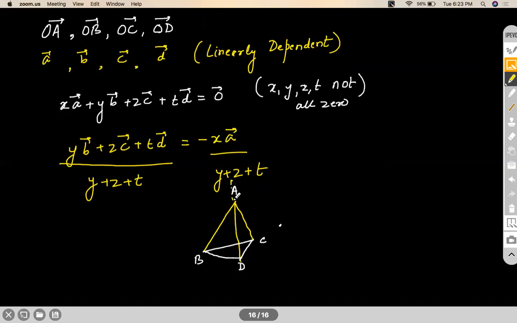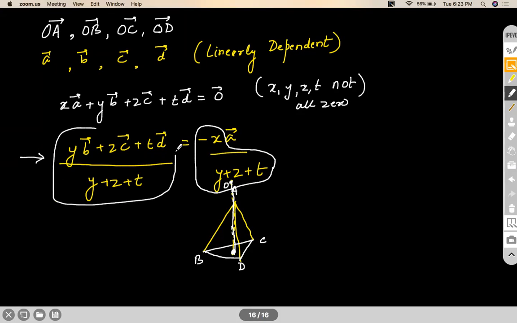So if I connect this and extend it downwards, let's say O is here. Just for your understanding, I'm drawing it in such a way that if I extend it downwards, it is passing through O and coming downwards to meet the opposite face over here. Now, if you try to relate this scenario with this condition, do you realize that this is a scalar times A? This is a vector in the plane of BCD. Do you understand that?